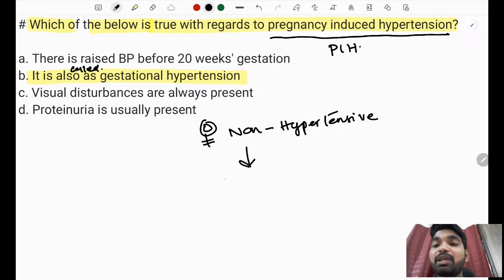If she develops hypertension after 20 weeks, then why after 20 weeks? Maybe due to some placental pathology.